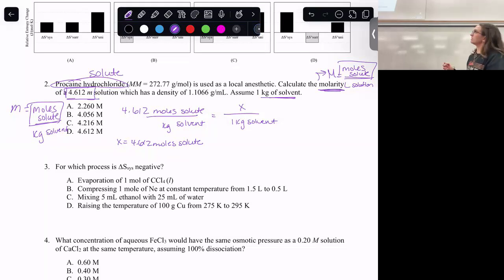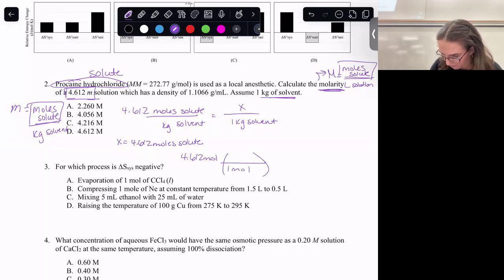Yep, perfect. So our moles of solute is that procaine hydrochloride. So in order to get to grams of that, we need to use its molar mass. So we're going to use 4.612 moles, and we're going to use its molar mass of 1 mole over 272.77 grams.